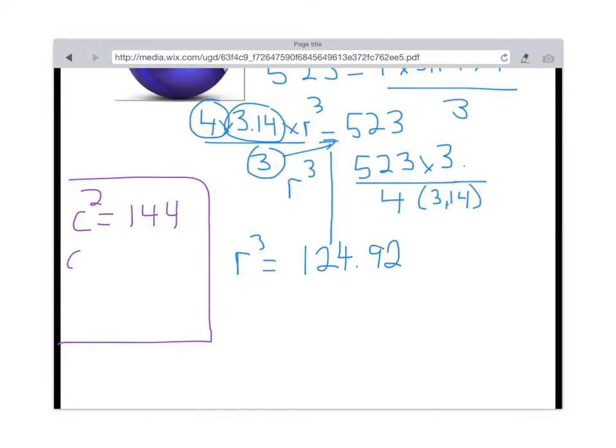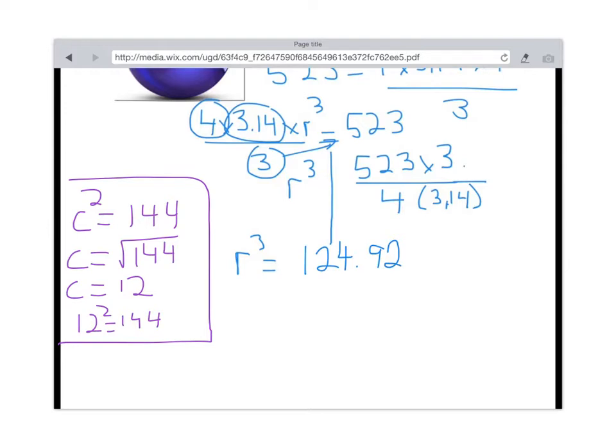You can find c now by doing the reverse operation of squaring, which is square rooting, or un-squaring as we've been calling it, and so c would be 12. So 12 squared equals 144. A number times itself equals 144, and that number is 12 in that case.